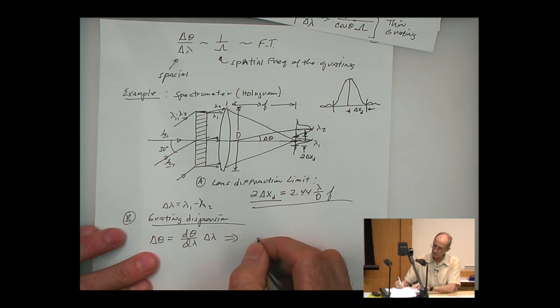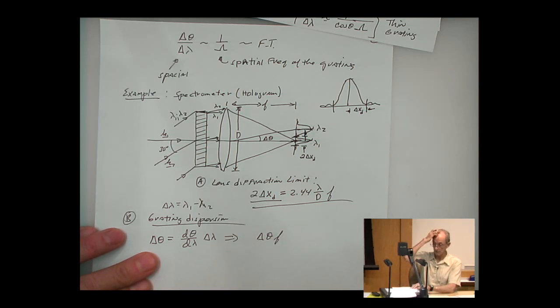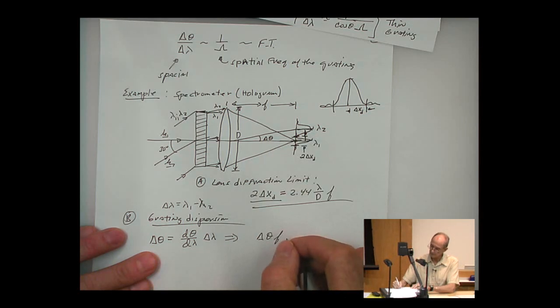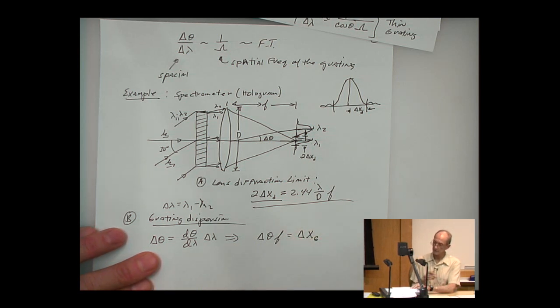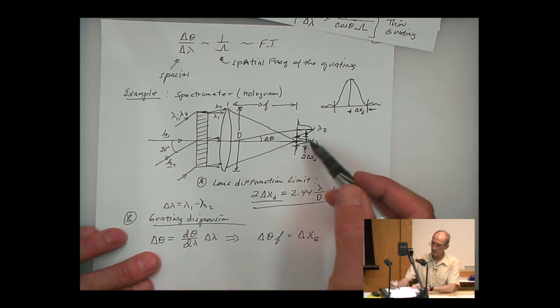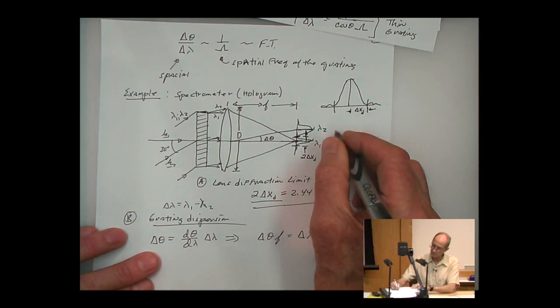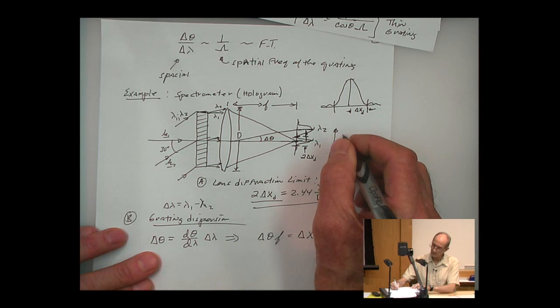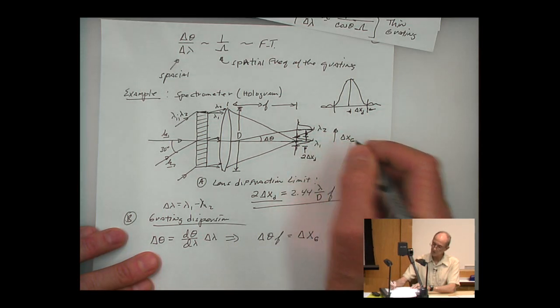If we then take this delta theta and multiply it by the focal length, that's going to be equal to the separation caused by the grating. So we want to shift this over as well by a delta x_g.